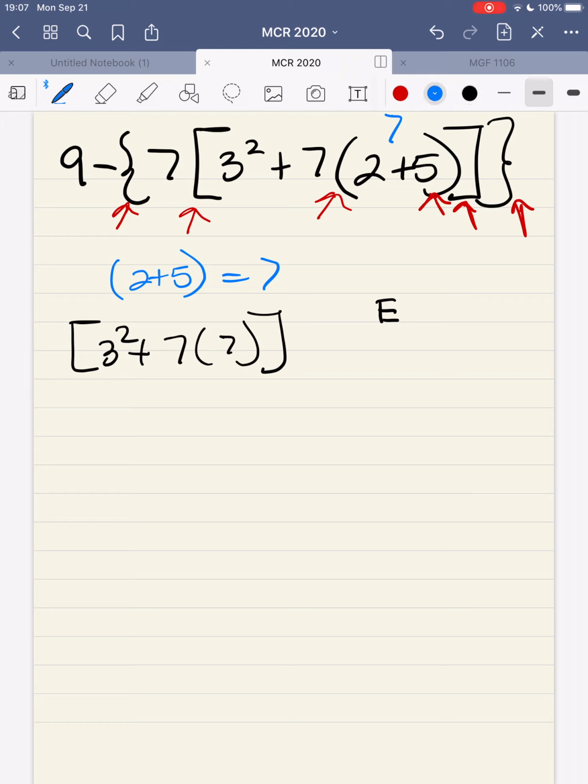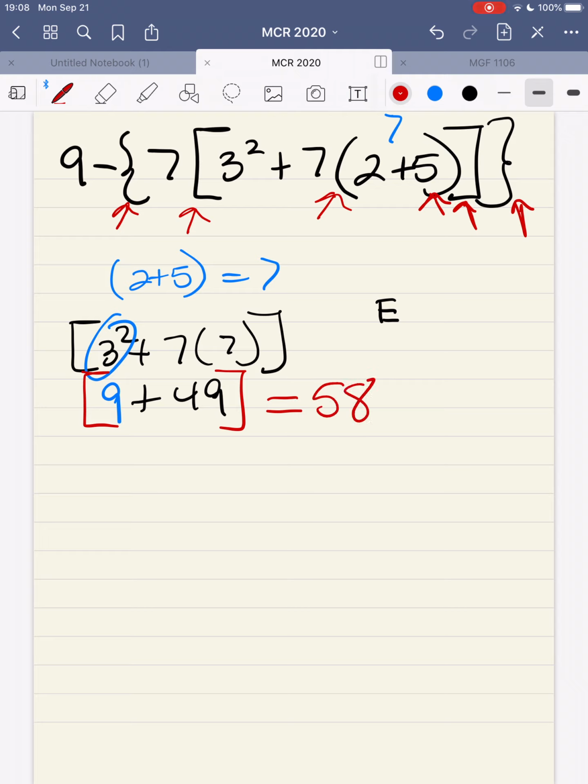So I'm looking at this 3 squared, or 3 times 3, which gives me 9, plus 7 times 7, which is 49. Okay, so inside my set of brackets, I have 9 plus 49, which is going to give me 58.